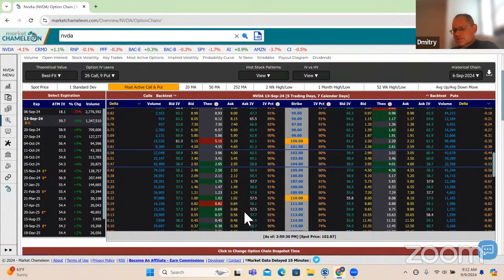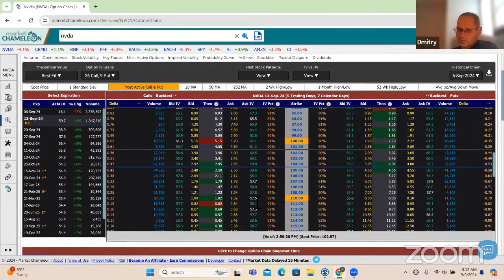But besides looking at the volume, we could also look at how the options are priced relative to each other. And this can point to different things.